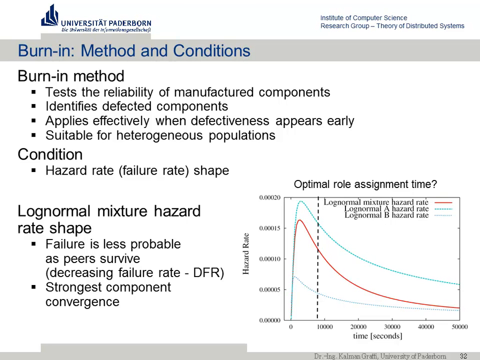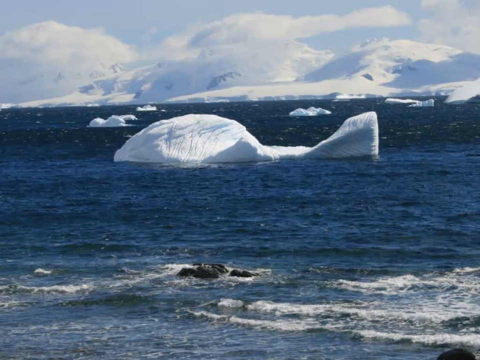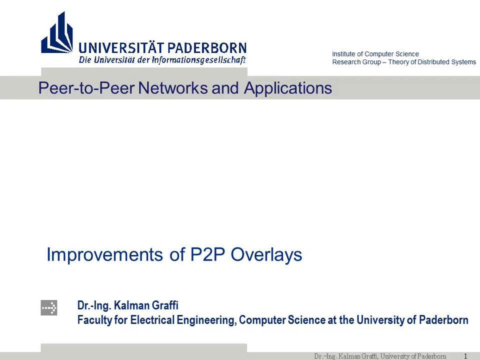Okay, so we saw many structured heterogeneous peer-to-peer networks, Globase, and then also hierarchical peer-to-peer overlays like adaptive heterogeneous Chord and Omicron. So there's another slide set. We are now leaving somehow the area of peer-to-peer overlays, but with a slight shift.